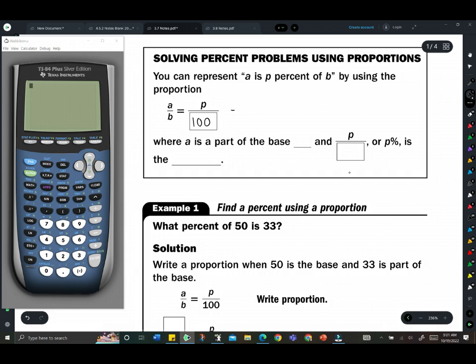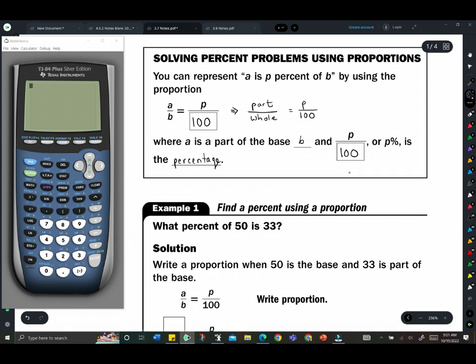Another way to think of this is the part over the whole, and that's always going to equal our percentage, or P over 100, where A is the part, B is the base, and P over 100 is the percentage.